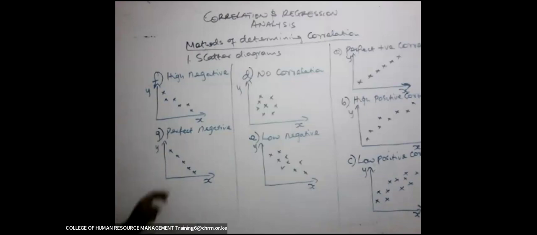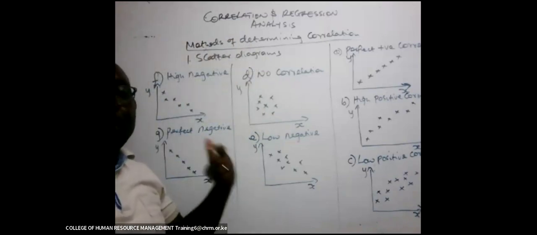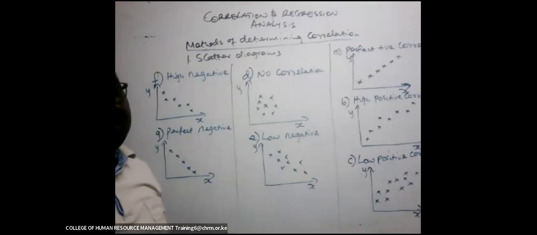This is a perfect negative correlation. So to measure or to determine the level of correlation using the scatter diagram, you plot the points and then you observe the pattern that the points are exhibiting. That one will tell you the type of correlation that exists between the two variables.